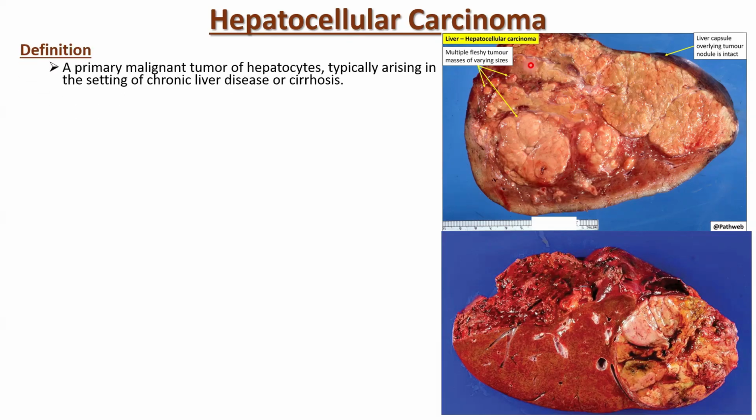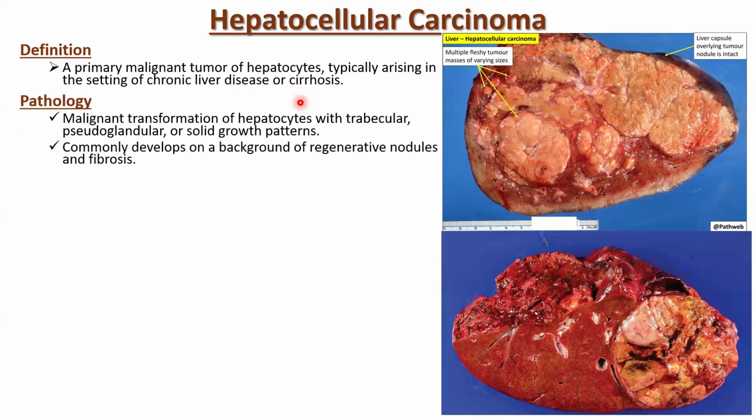Definition of hepatocellular carcinoma or liver cancer. One, it's a primary malignant tumor of the hepatocyte cells that typically arises in the setting of chronic liver disease or cirrhosis. So as we saw earlier, a complication of chronic liver disease or cirrhosis is hepatocellular carcinoma, or liver cancer.